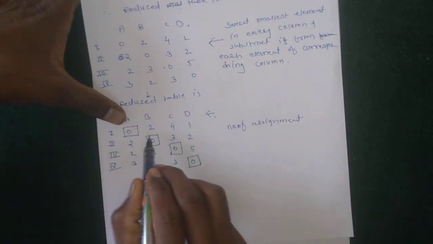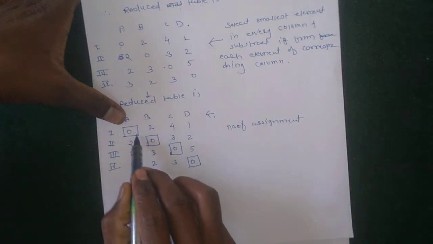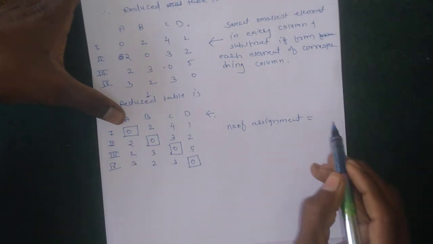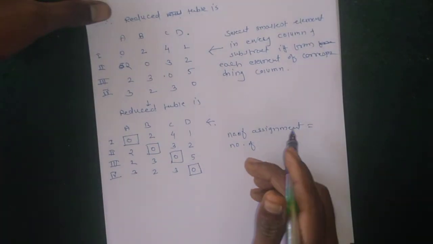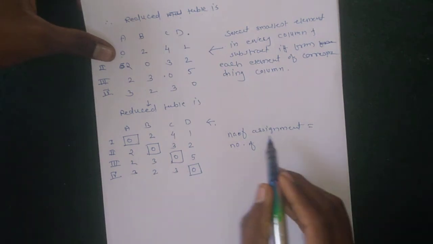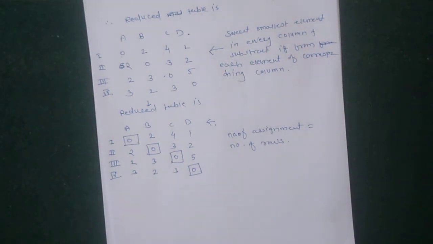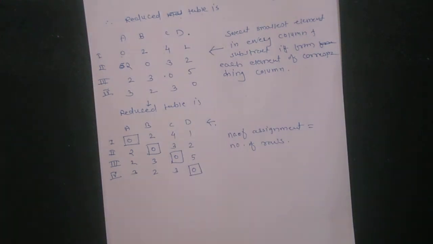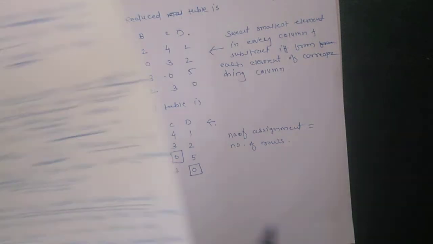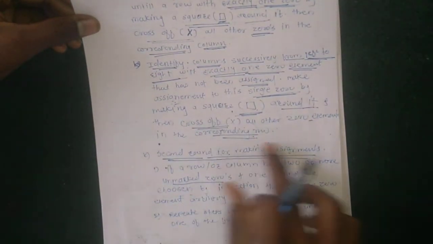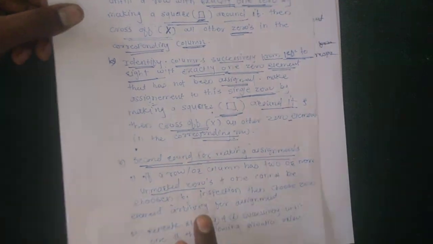A square around a zero is an assignment: first, second, third and fourth. The number of assignments equals the number of rows or columns. Here the number of assignments equals the number of rows.